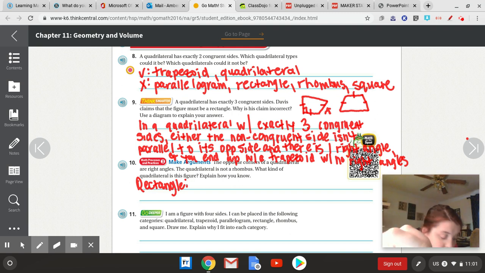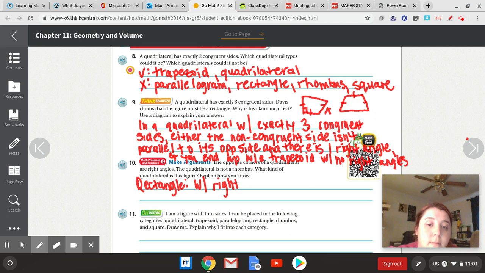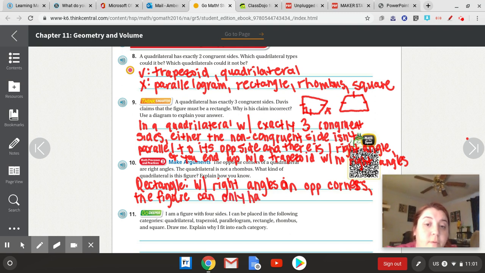Well, a rectangle, you have with right angles, let's say, on opposite corners, the figure can only have 4 right angles.